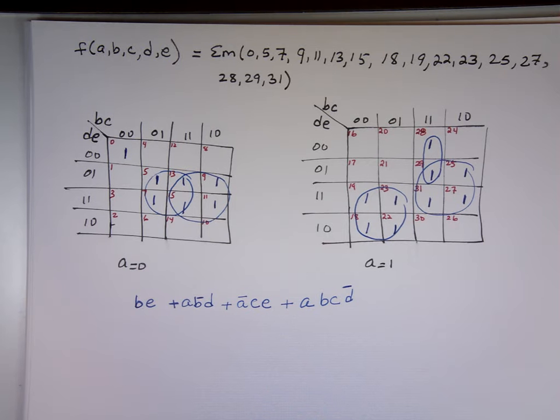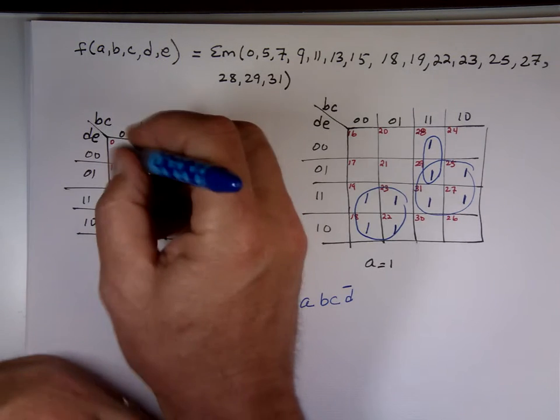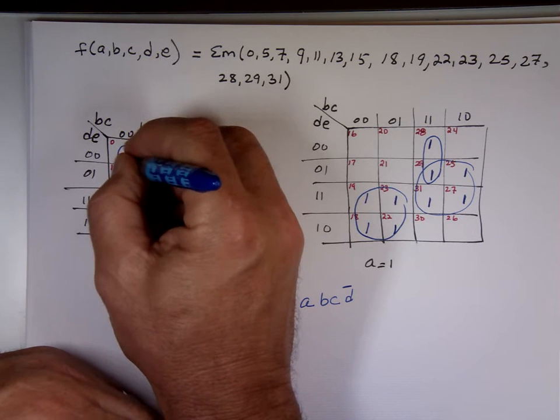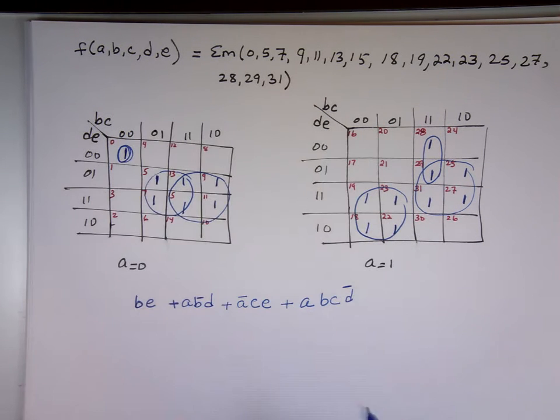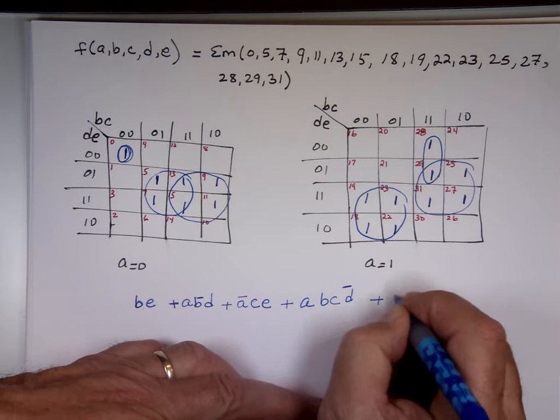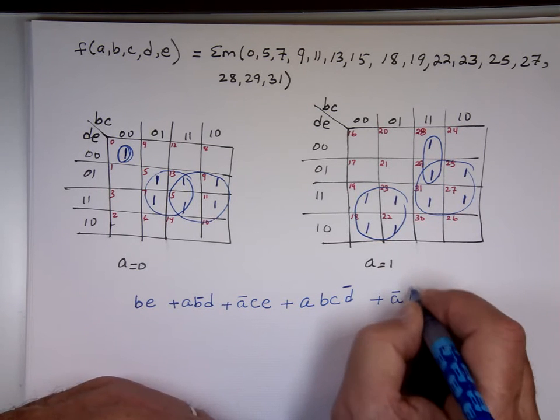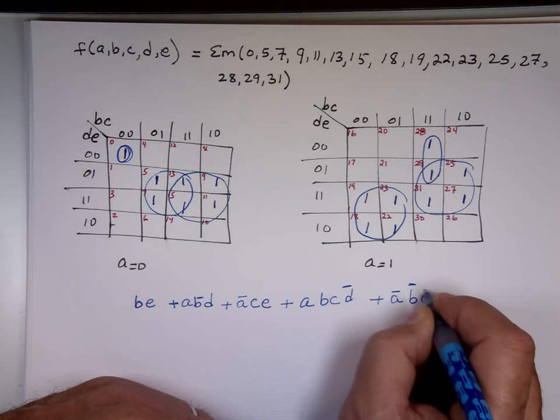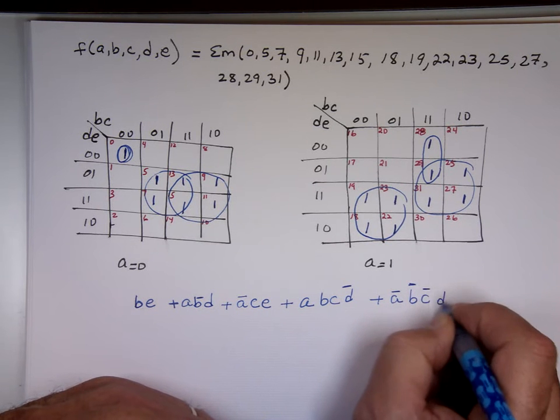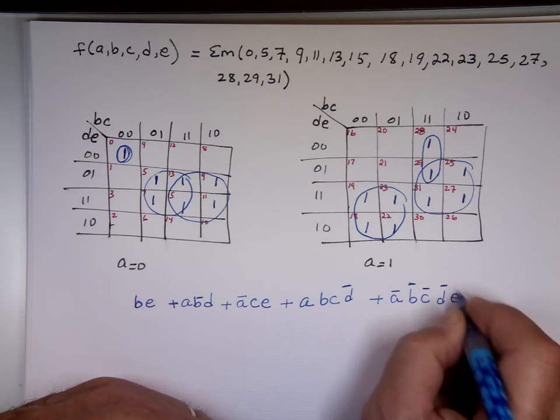And then we have to take that. This one, there's nothing to group it with, so you don't have a choice. That's A naught, because A is 0. B naught, C naught, D naught, E naught.